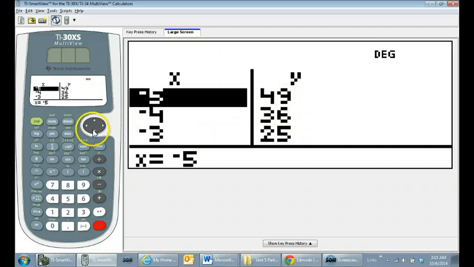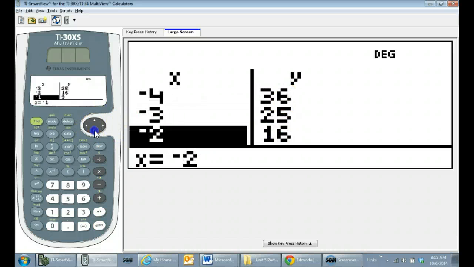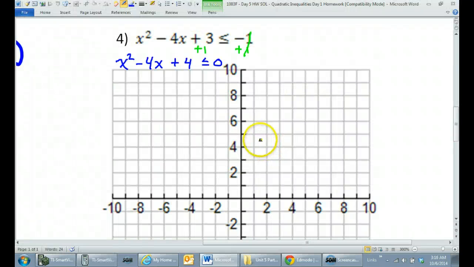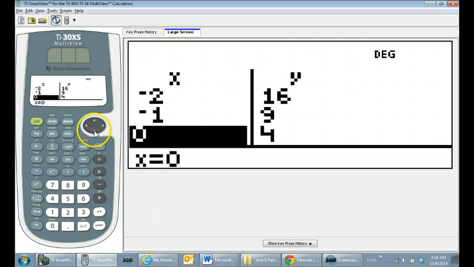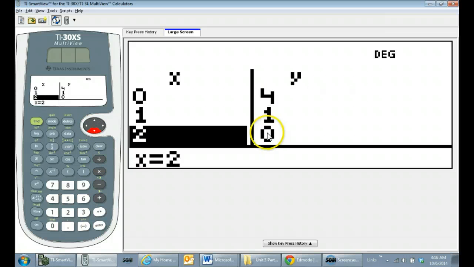Alright, these numbers are huge. I'm just going to scroll down until I find a number I can graph. Alright, there's my first one. Negative 1, 9, my first customer. Okay, and then I'm going to have 4, 1, and 0.